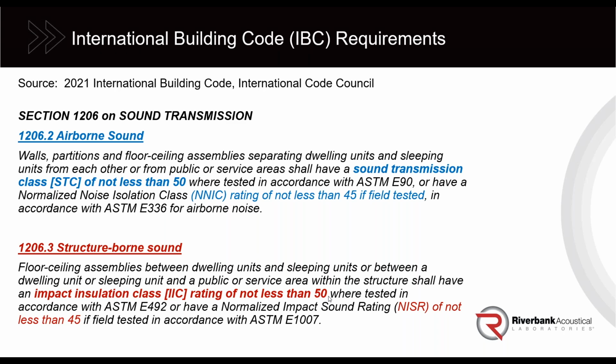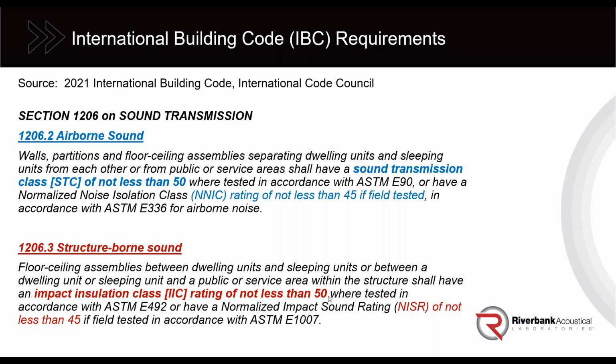Luxury might be in the range of STC 60, 65 if you can get it. And then 55 to 60 might be a good, reasonable target for a high quality condominium. But there are a lot of different considerations there and a lot that goes into designing for that.